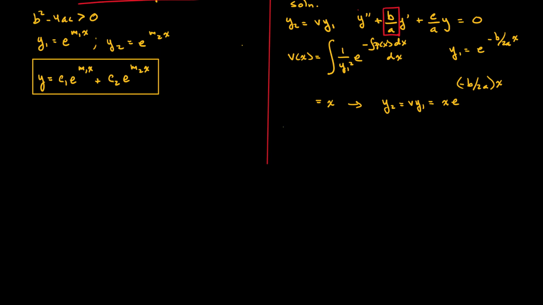This can be expressed slightly differently by saying that y of x, our general solution, is equal to c1 e to the mx plus c2 multiplied by our factor v, which is x, and then e to the mx, which can be simplified into this form over here with the exponential term factored out.